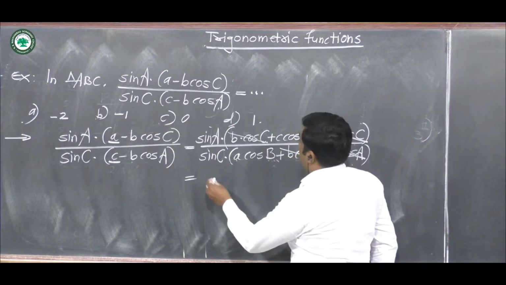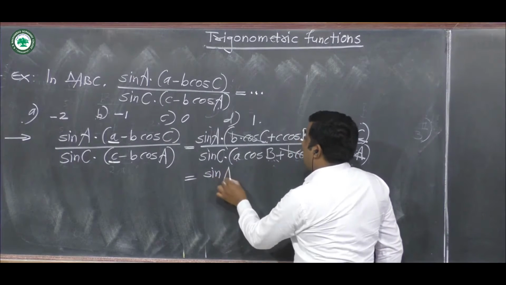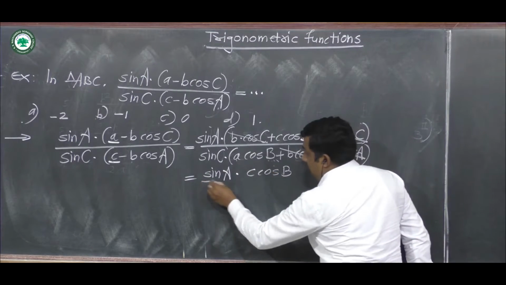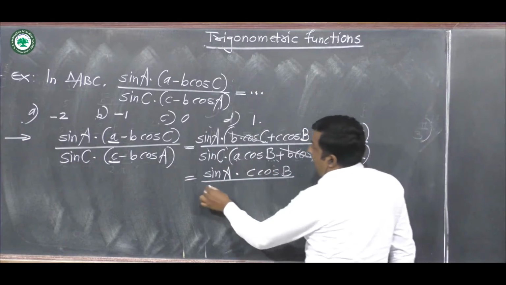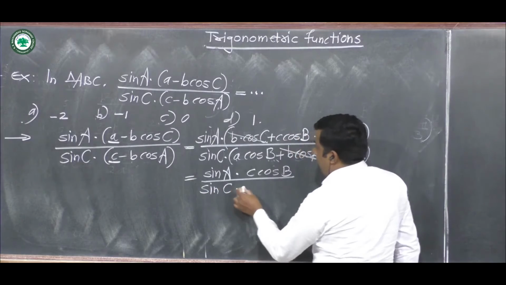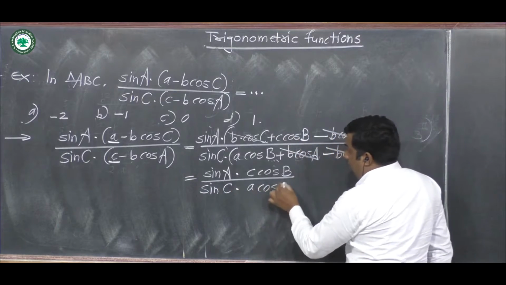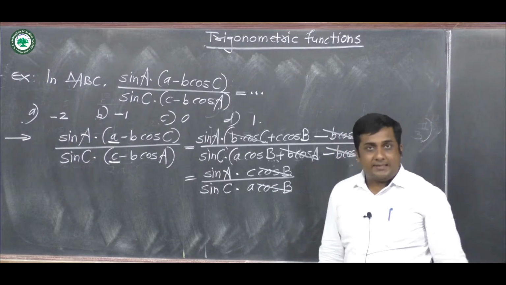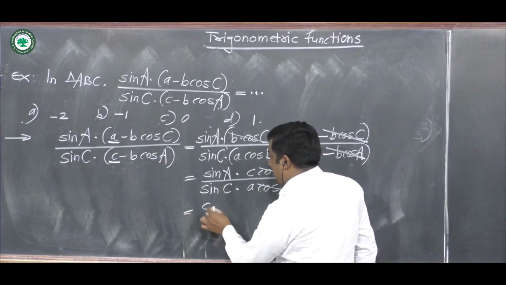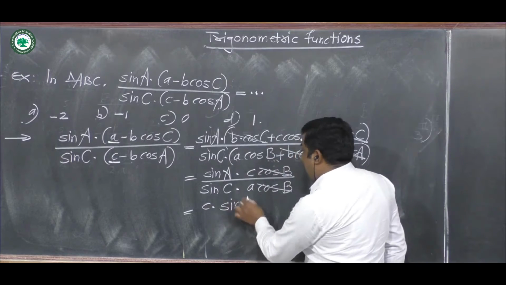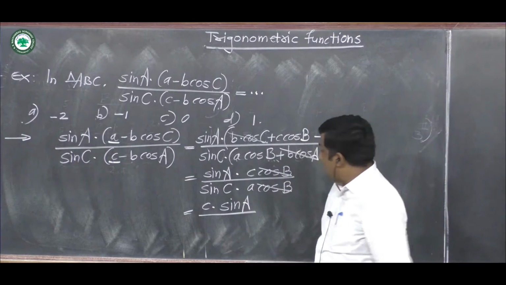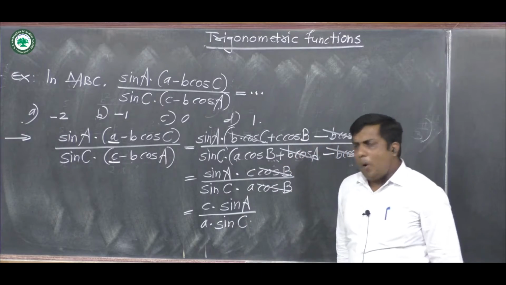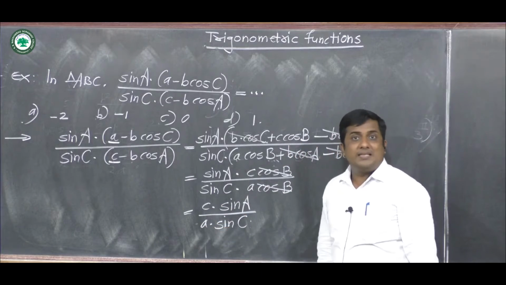Only remains sin A into C cos B, divided in the denominator by sin C into A cos B. Again cos B and cos B cancel. Only remains C sin A divided by A sin C. Now what is C sin A upon A sin C?